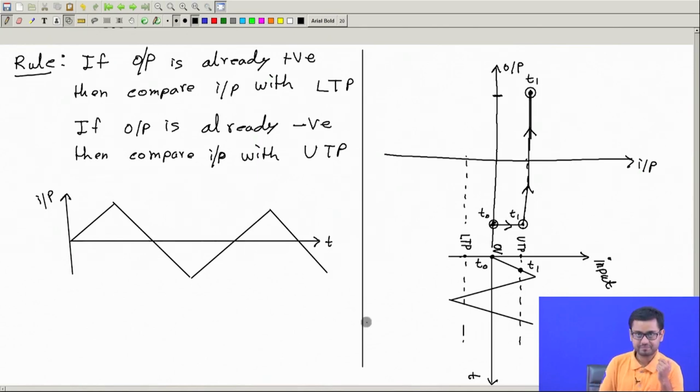After that, let me call this point T2. From T1 to T2, input increases, so I go from left to right, and output stays positive. Let me put an arrow.